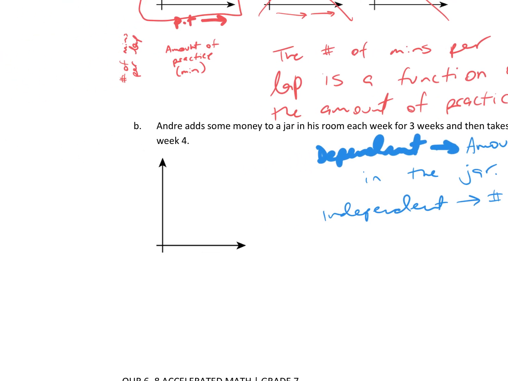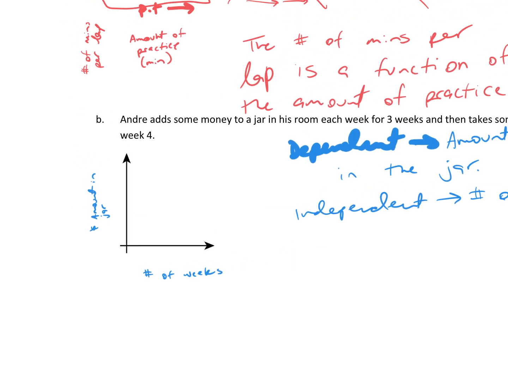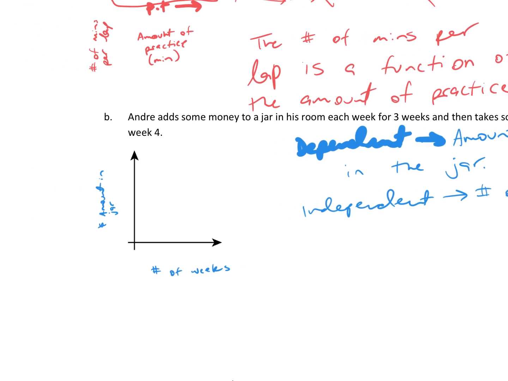So I can go ahead and label my X and Y axes. Here's going to be number of weeks, and then here's going to be dollar amount in jar. So it says that he adds money to his jar for each of 3 weeks and then eventually takes out some in week 4.